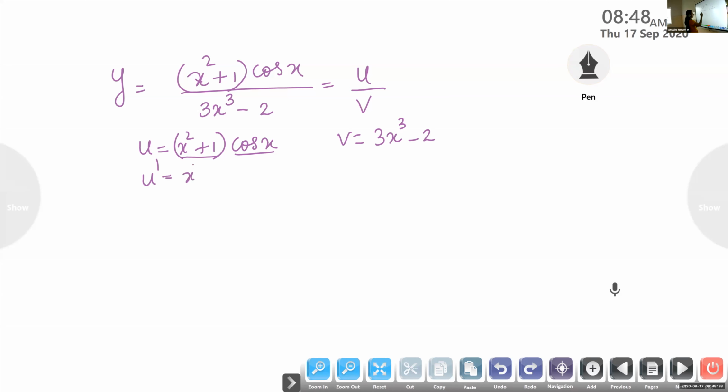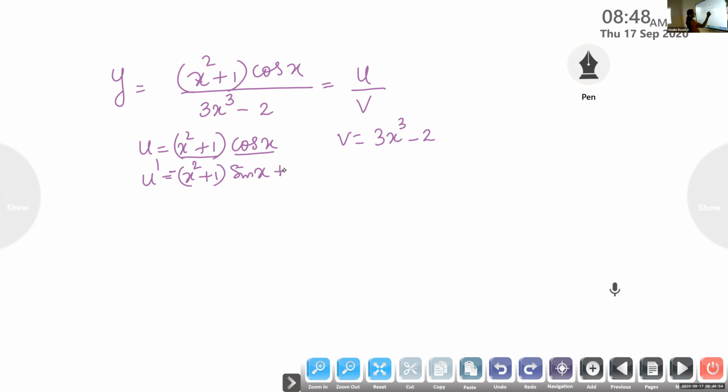Keep the first function as such, derivative of cos x. Derivative of cos x is minus sin x.